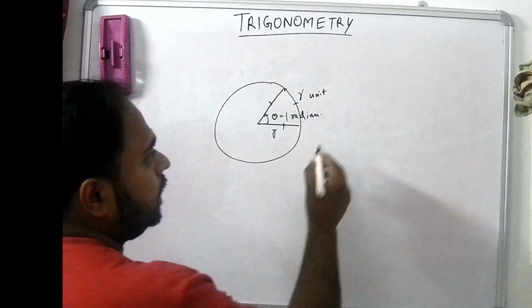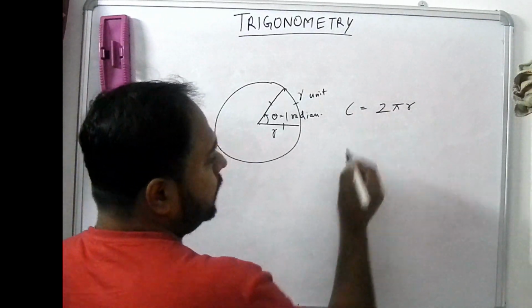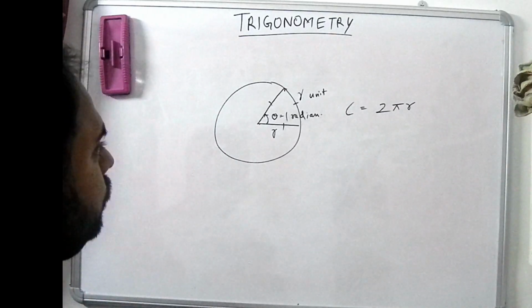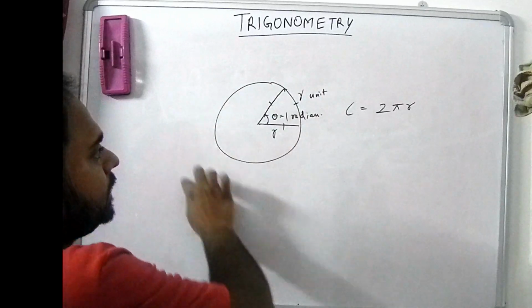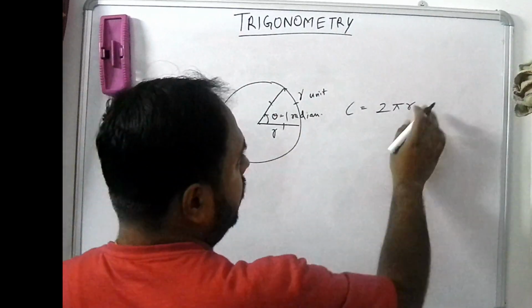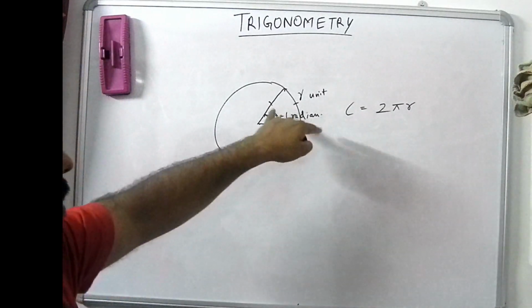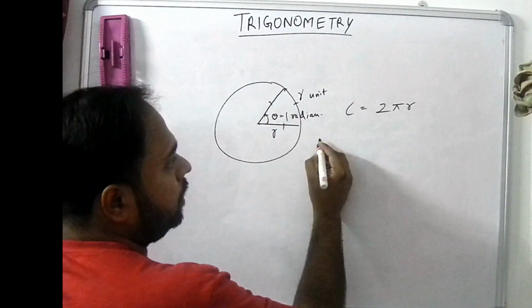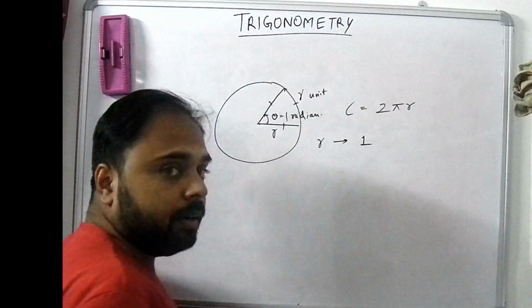So I know that circumference is nothing but 2 pi r, right? This is something that we all know, it's a basic thing. Now the moment I cover one entire circle, the angle is going to be 2 pi. So let's say r units gives an angle of 1 radian.